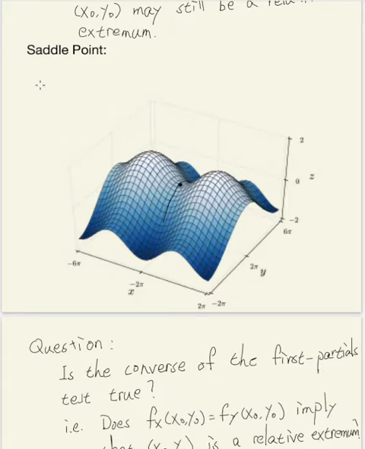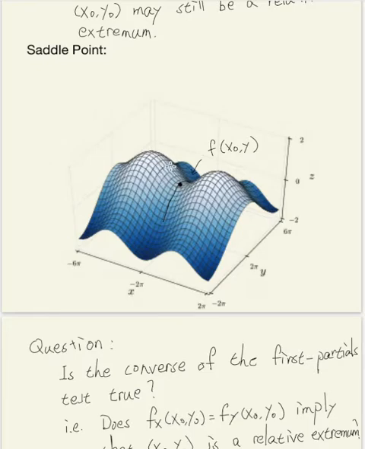Now we see that this point is a maximum on this trace, and that implies f partial y at this point is 0 because it's the trace of fixed x naught as a function of y. So the partial y is 0 at this point.